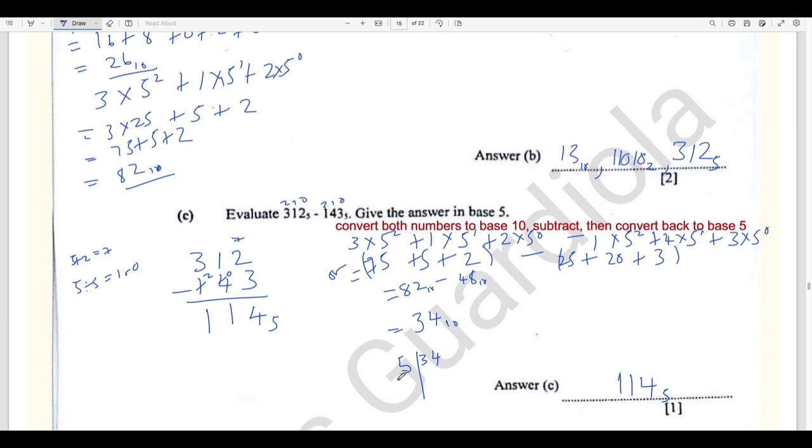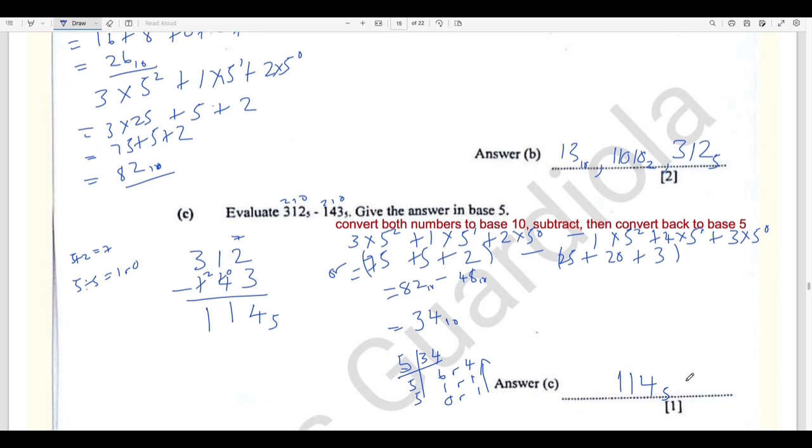Okay, so 5 into 34, that's 6, remainder 4. Then we divide 6 by 5, that's 1, remainder 1. And we record all the remainders. Then we divide 1 by 5, that's 0, remainder 1. Again, we read from bottom going up, we still get the same answer, 114 base 5.